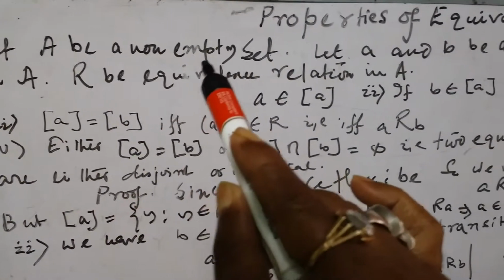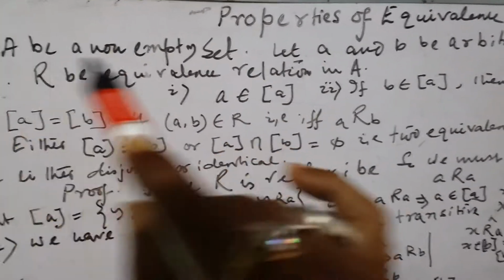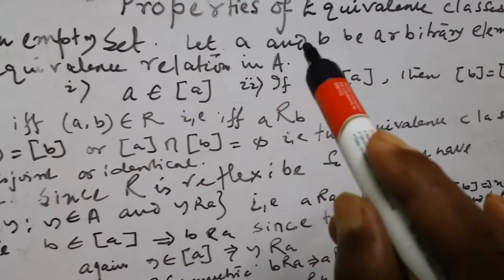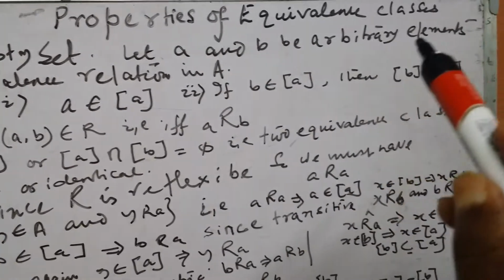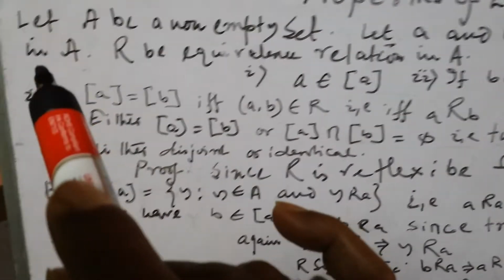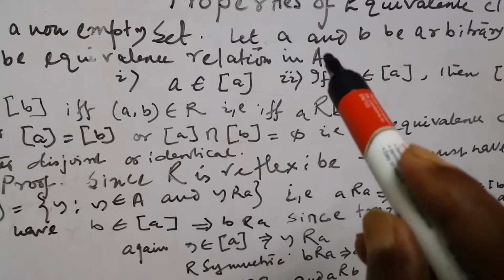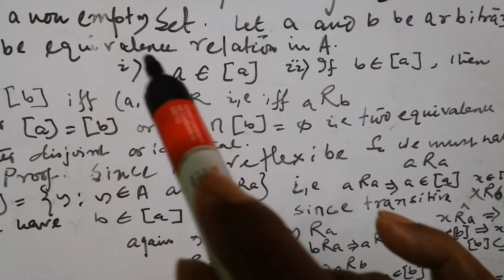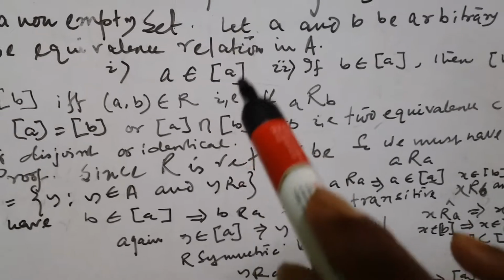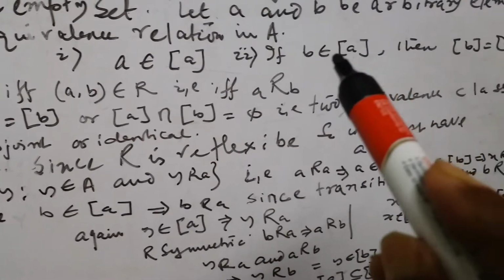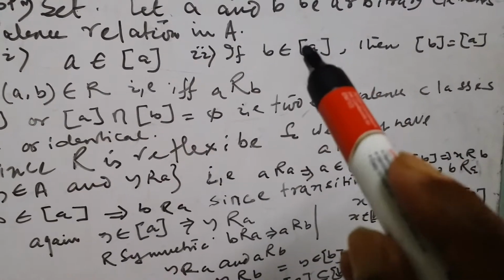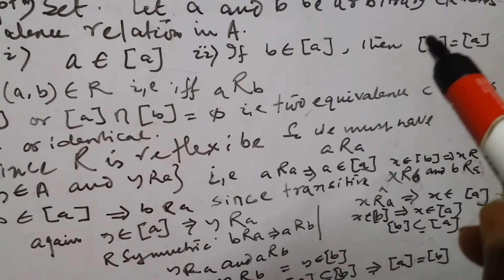Let A be a non-empty set and a, b arbitrary elements of A. R is an equivalence relation. Then: Number 1, a belongs to [a]. Number 2, if b belongs to [a], then [b] is equal to [a].